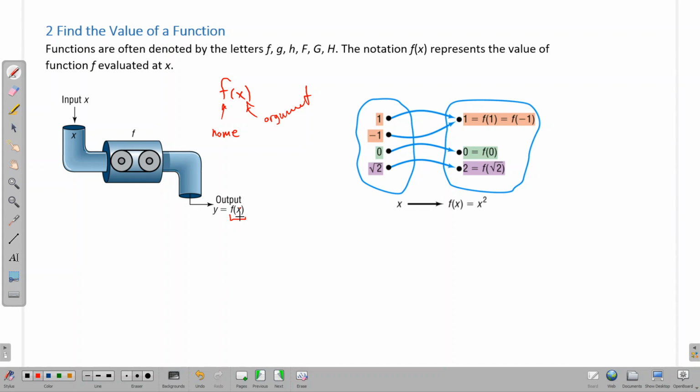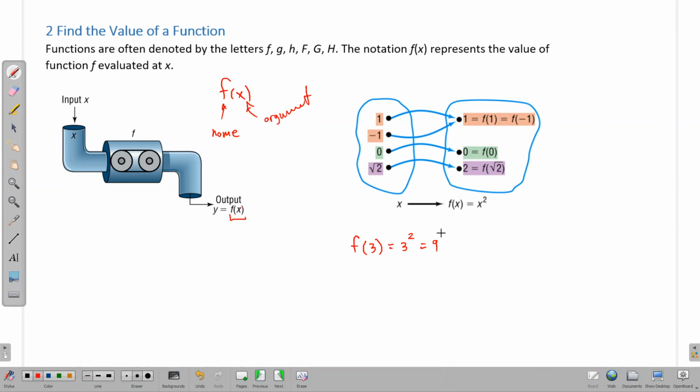The benefit of this notation is it allows you to name multiple functions, different functions with different names, and it tells you what you're actually plugging into it. So as a more concrete mathematical example, here they're looking at the mapping of f of x equals x squared. So for example, if I wanted to do f of 3 in this particular example, well, that's 3 squared, which is 9.